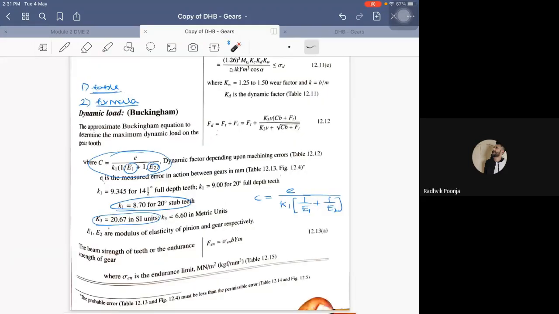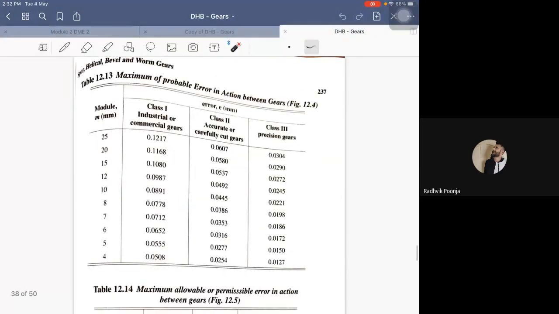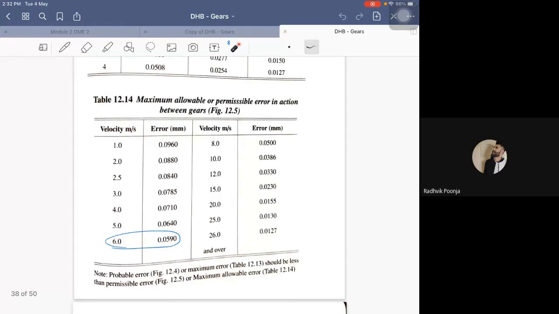Go to this particular table number. E is a measured error in action between the gears in mm. So you have to go with table number 12.13, he says. Let us go and check table number 12.13. 12.14. Based on the gear velocity, you will pick up an error.